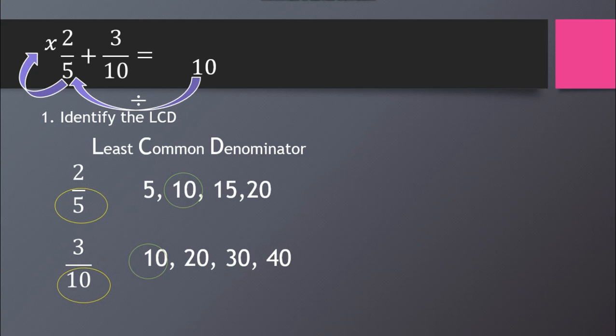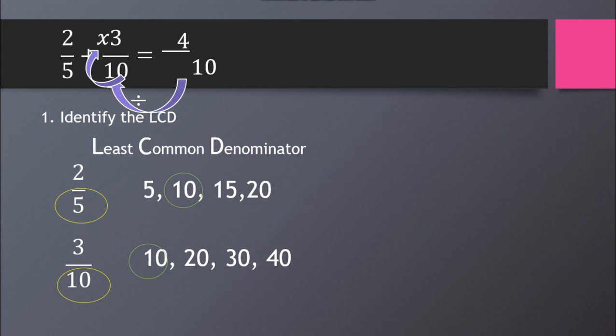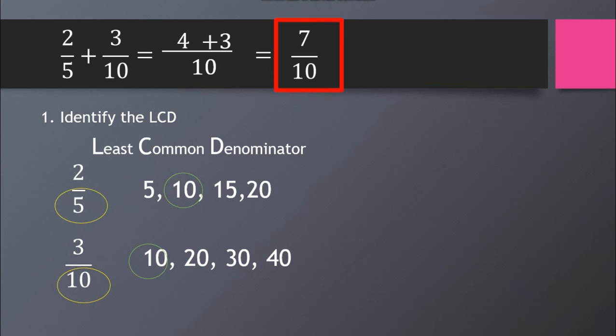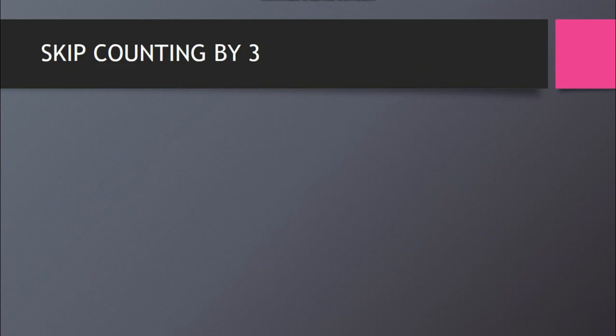Okay, 2 times 2 is 4. Next, 10 divided by 10 is 1, times 3 is 3. Okay, so add them up. 4 plus 3, 7. And then copy 10. Therefore, the sum is 7/10.